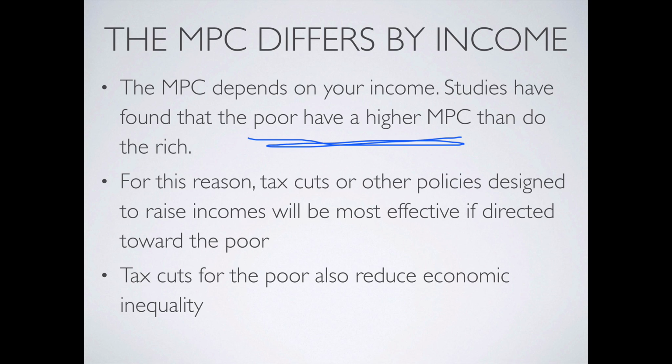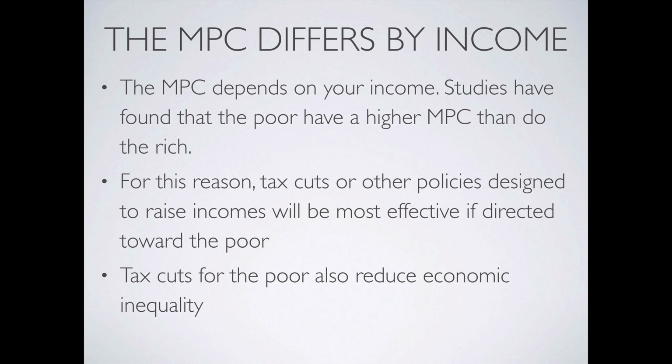So for this reason, if we're talking about fiscal policy, something like tax cuts or other policies that are designed to affect spending or to raise incomes, they're going to be most effective if they're directed toward the poor. Some Keynesians are very clear on this: if we're going to cut taxes, that's the group that we should target.